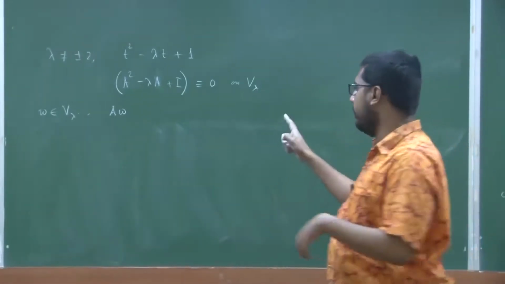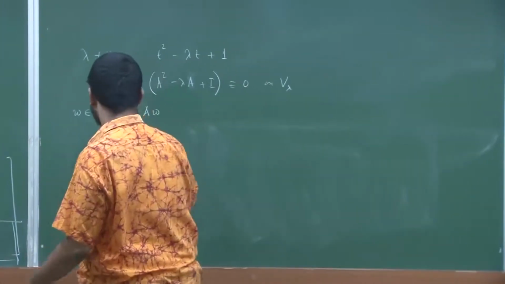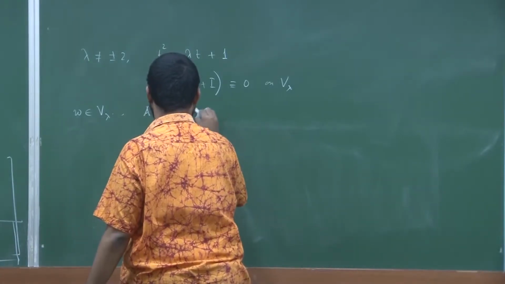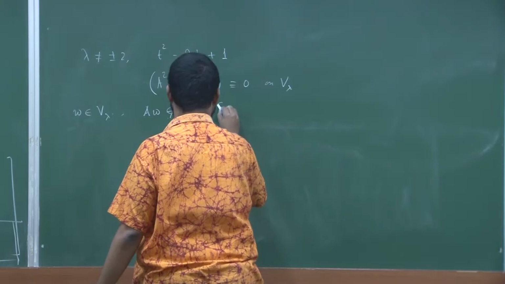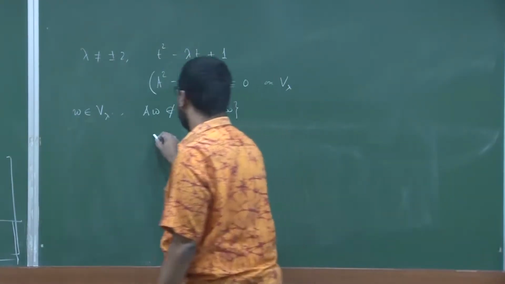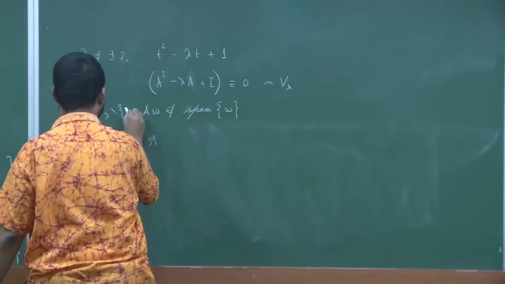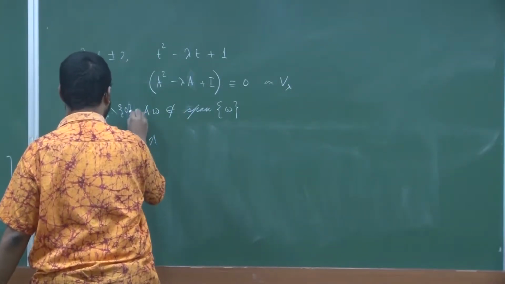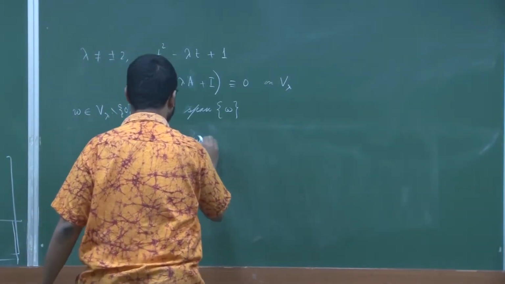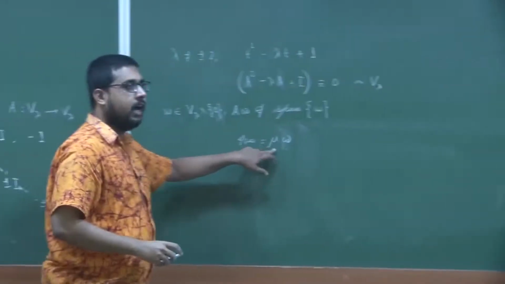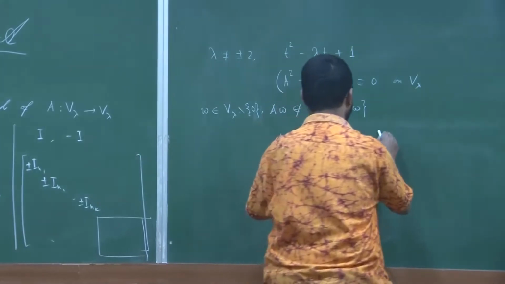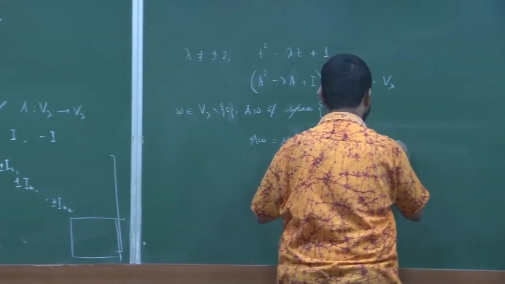So, we will just finish with this observation. Take a non-zero vector w. Then A w does not lie in the span of w. Why? Because if it lies in the span of w, say A w is mu w, then mu becomes an eigenvalue of the operator A restricted to V lambda.